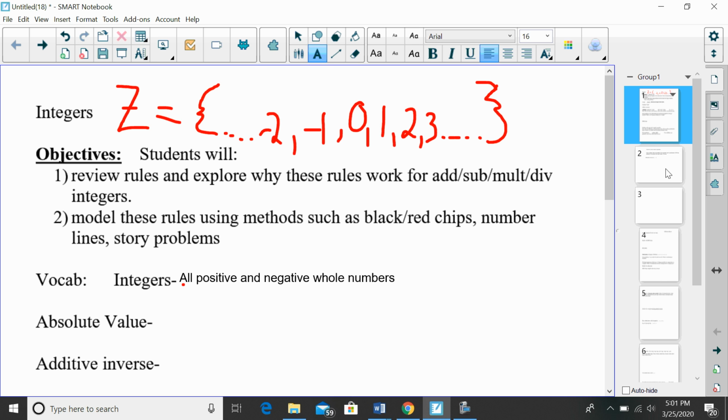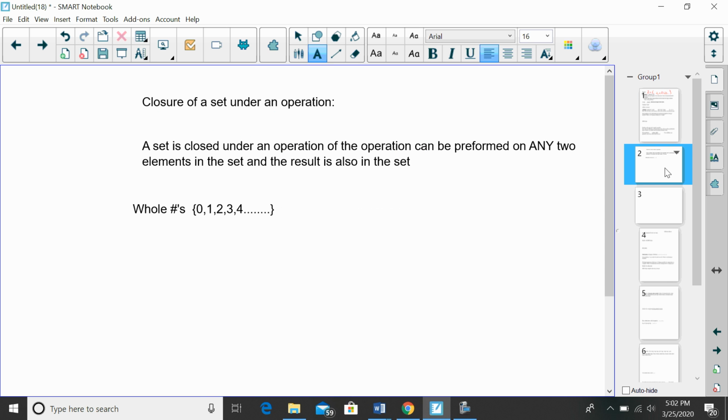But as soon as we introduce operations, this is where we get into this idea of closure. So we did have this definition already. I usually test on this definition at the final because it pops up a lot throughout the course, and we don't really finish talking about it until the end of the course. But anyway, this idea of closure of a set under an operation.